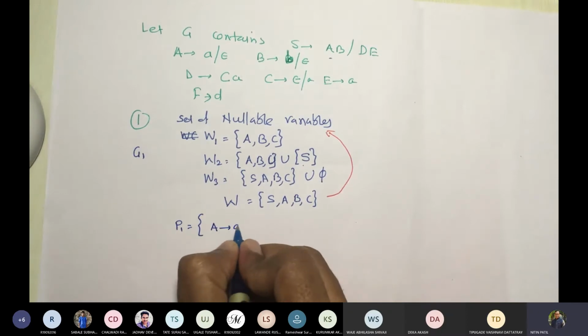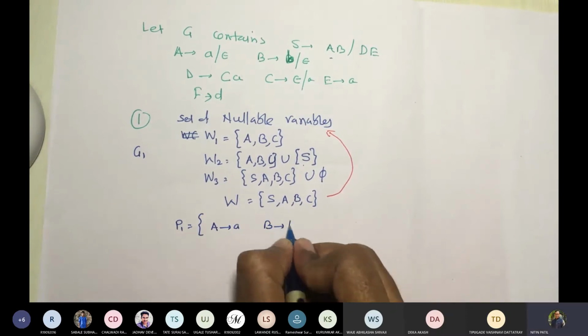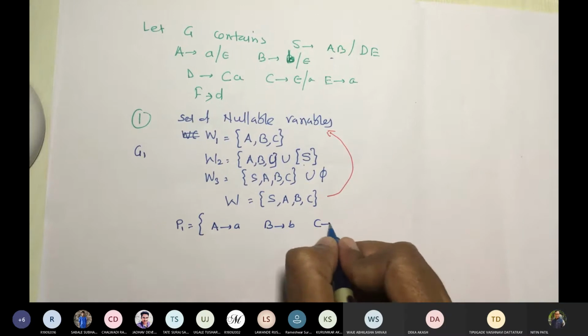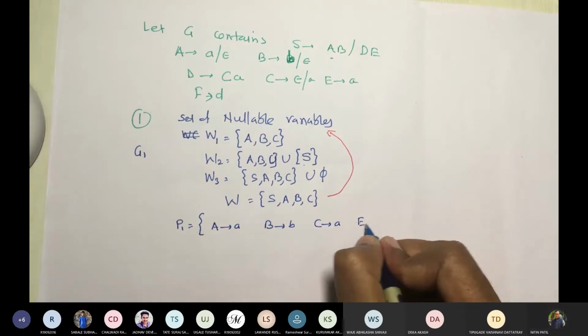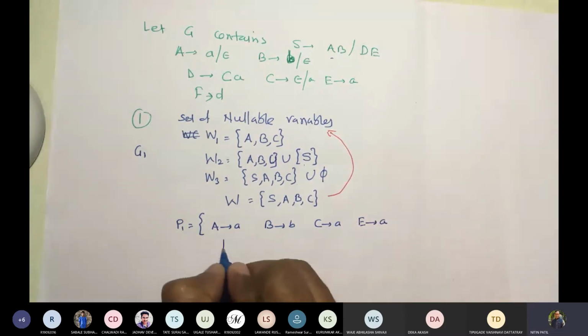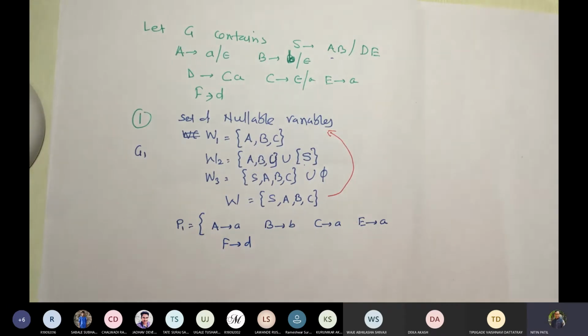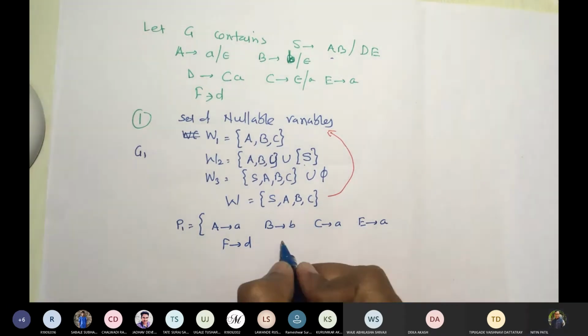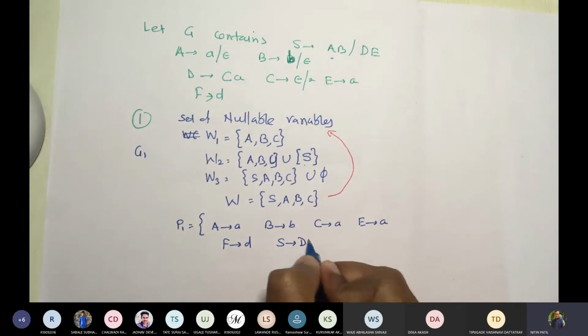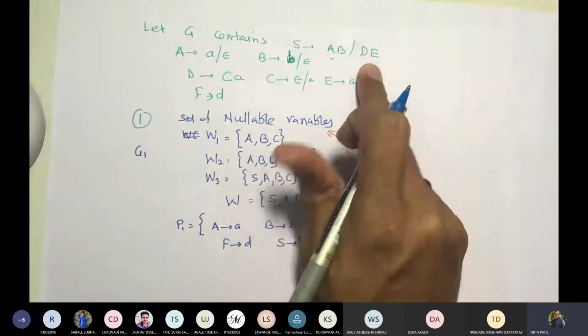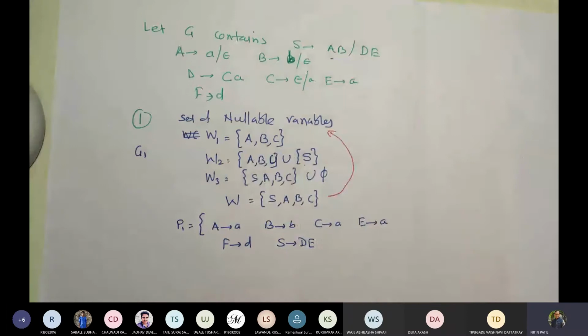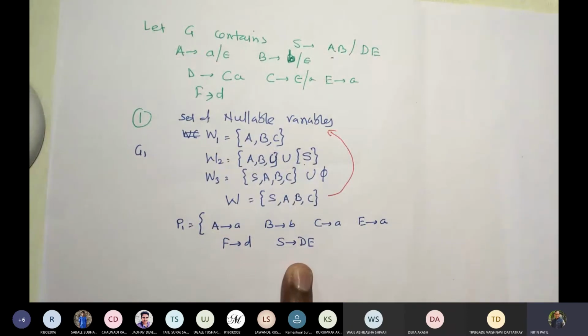So I will take A gives A, B gives B, C gives A, E gives A, F gives D, correct? Anything remaining? S gives DE, because both of them are not null variables. So these are the ones which are not containing any null variable on the right side.